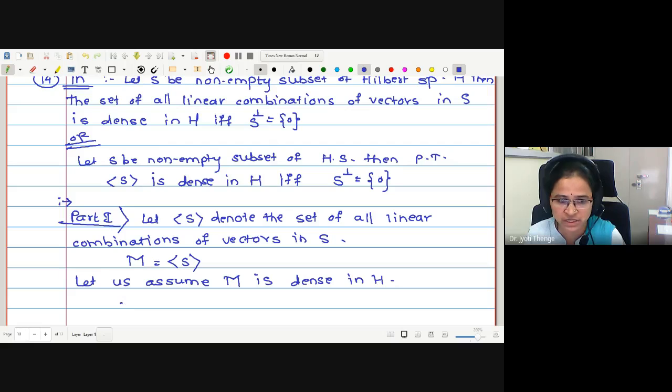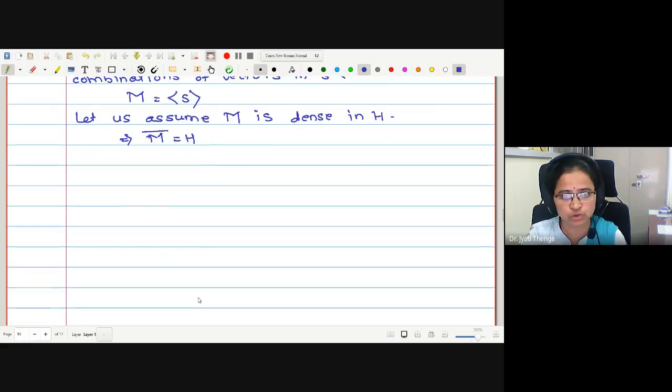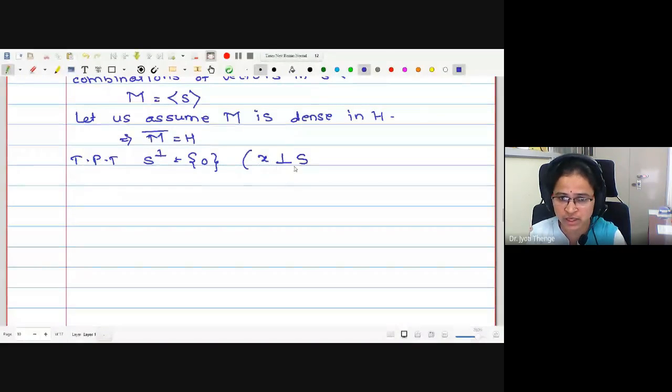Okay, if M is dense in H, what does this imply? M bar is equal to H, the closure of M is equal to H. And what is the aim to prove? S perp is equal to singleton 0. What we actually want to prove is that whenever X is in S perp, meaning X is orthogonal to S, it implies that X is equal to 0.